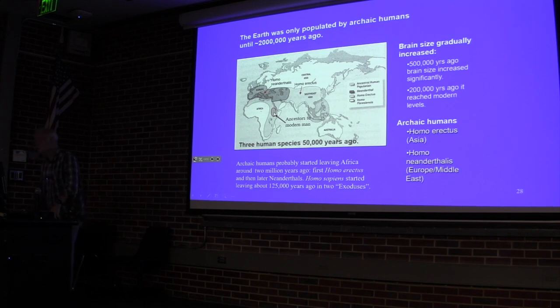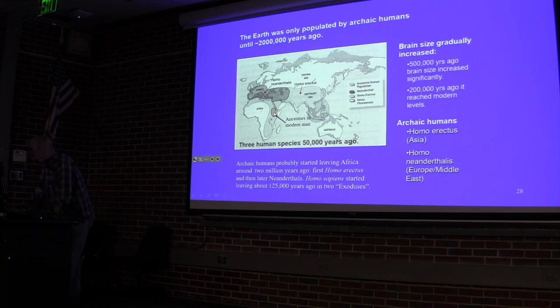In fact, until about 200,000 years ago, well, maybe 50,000 years ago, there were three variants of Homo sapien walking the earth. There was Neanderthal, Homo erectus, and Homo sapien.